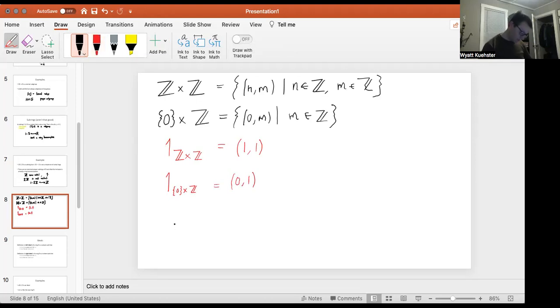But the inclusion morphism, so this, and then, okay, 0 cross Z is clearly a subset of Z cross Z. And it's a subring because it's closed under multiplication. In fact, it's a ring that's isomorphic to Z, the integers.